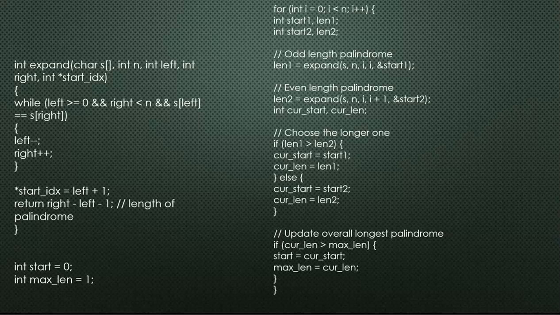It selects the longer of the 2 results, and if the length is greater than max length, it updates start and max length. After all the centers are checked, the longest palindromic substring is the portion of the string starting at start and having the maximum length. So this is the C implementation.